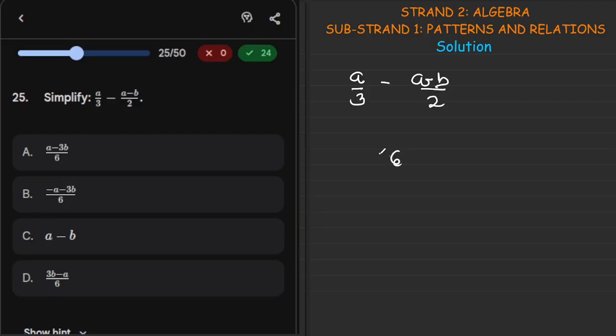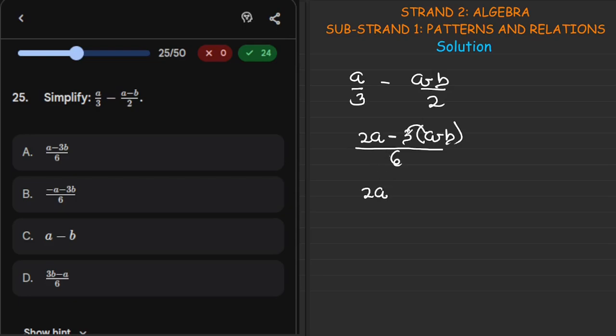A 6. So we put down our 6. Then 3 divides 6 twice. We have 2 multiplying the numerator, which is a. Then minus 2 on the other hand divides 6 to give us 3. So the 3 also multiplies the numerator we have there. So that we have our 2a.